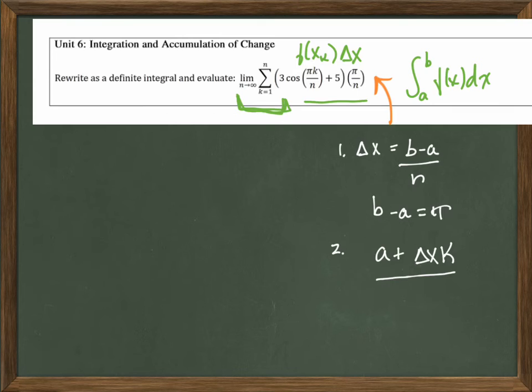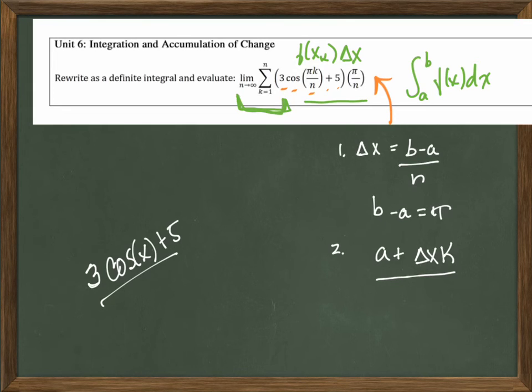We have to actually look at it and see, okay, look. This looks like 3 cosine something plus 5. So I'm willing to bet that my function is 3 cosine of x plus 5.